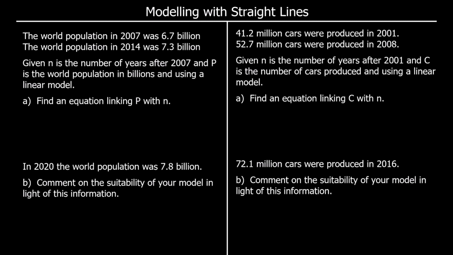The world population in 2007 was 6.7 billion. The world population in 2014 was 7.3 billion. Given n is the number of years after 2007, and p is the world population in billions, and using a linear model, so a straight line model, find an equation linking p with n.